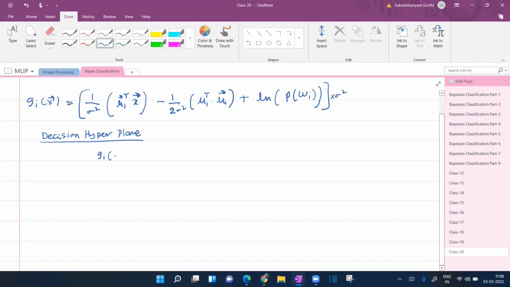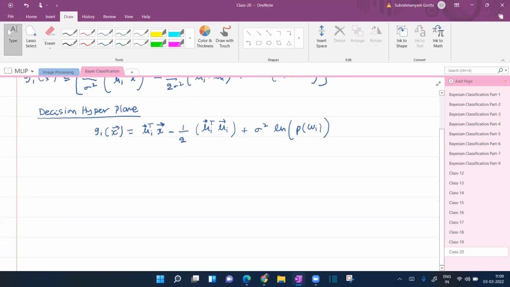So g i of x bar is equal to mu i transpose into x bar minus 1 by 2 into mu i transpose into mu i. Of course, here also there is a bar because that's a vector, plus sigma square into natural logarithm of probability of omega i. If any of the steps are not clear, do let me know.